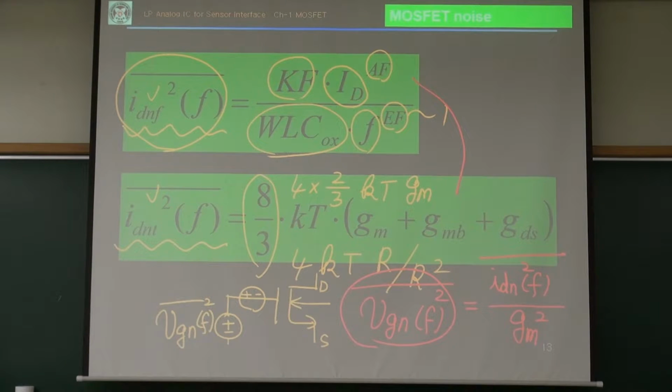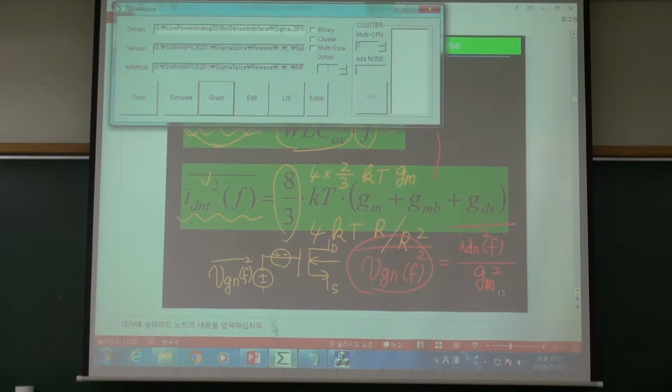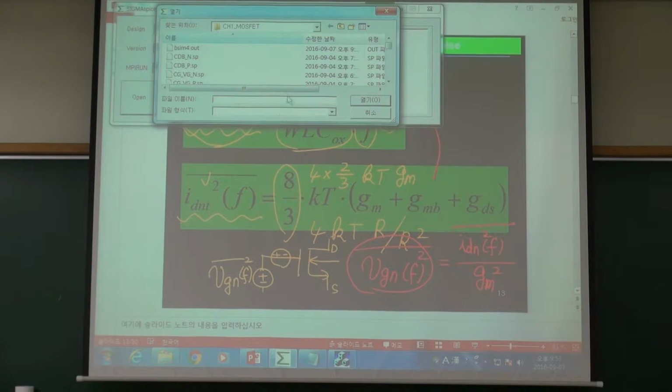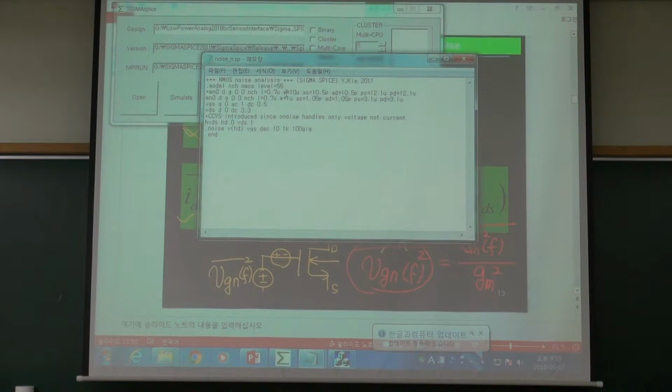Okay, question? Nope. Okay, let's go to SPICE for that. Let's see, where is my noise simulation? Oh yeah, here. Edit. So here I have a level 55 model.